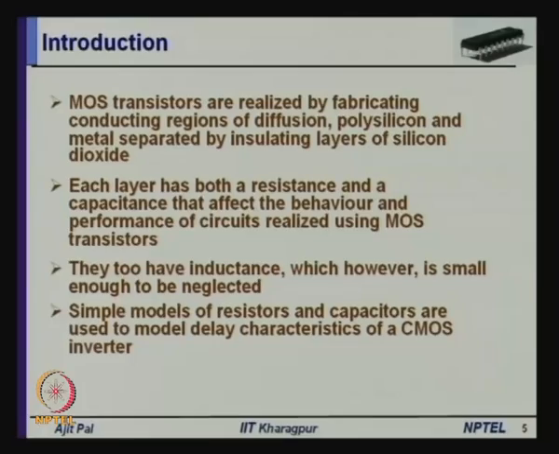We shall be mainly restricting to capacitance and resistances of the devices. And obviously, to start with, we shall discuss simple models of resistors and capacitors that can be used to model delay characteristics of CMOS inverter. So, now we shall focus only on CMOS inverter or CMOS complex circuits. We shall not discuss any other types of inverters that we have discussed so far.